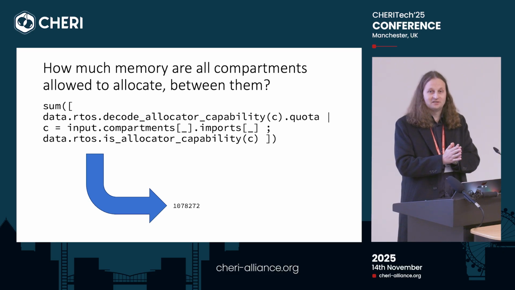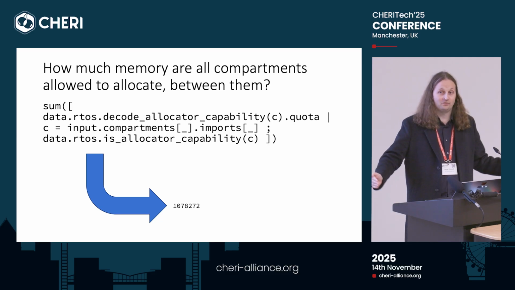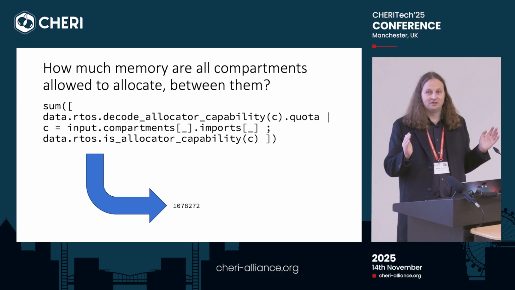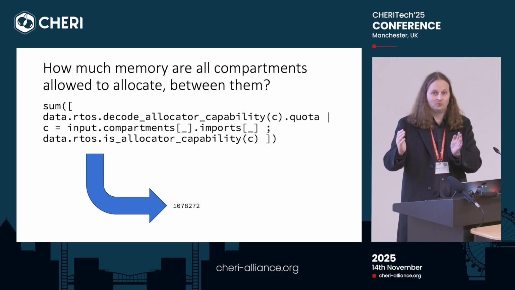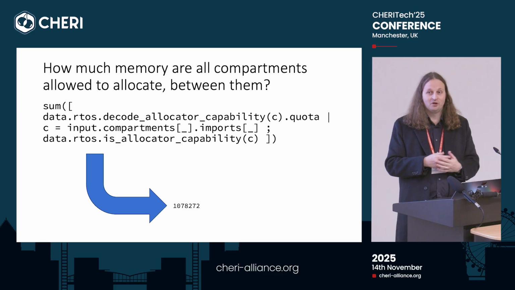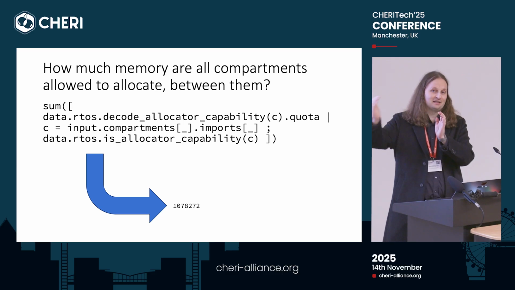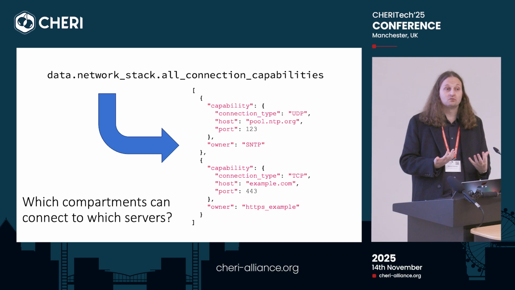And now you know what is the maximum amount that all of your compartments might try and allocate if they all allocated together. And you might want to say, well, that probably should be less than all of memory, or maybe it is allowed to be 20% more than all of memory because some overcommit is nice, or maybe all of them must add up to this amount, but this one is allowed to allocate a bit more, or policies like that. We can do much richer things.